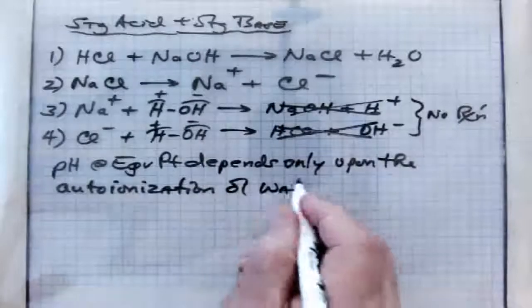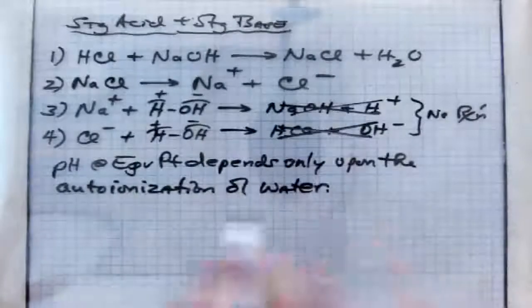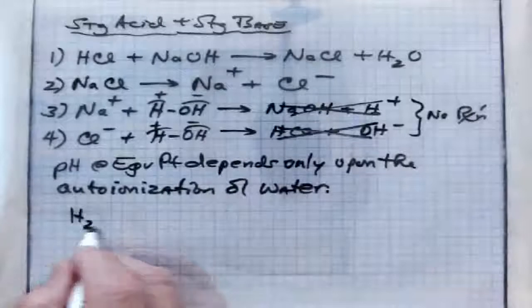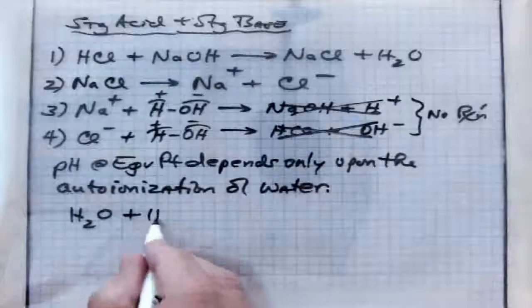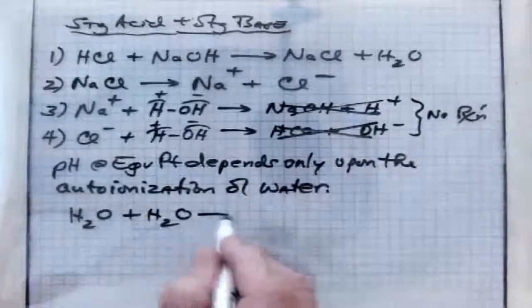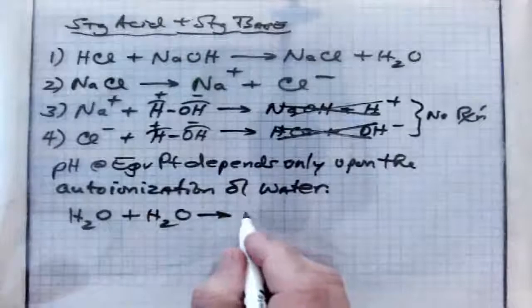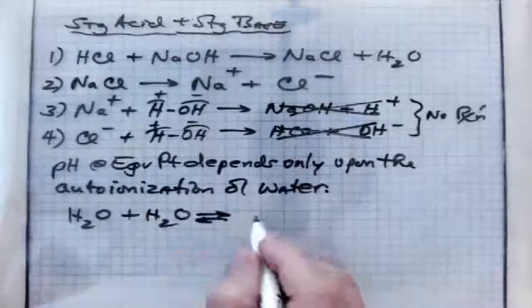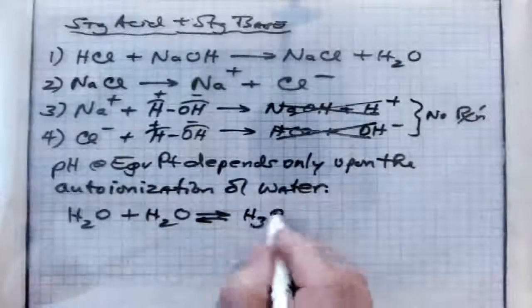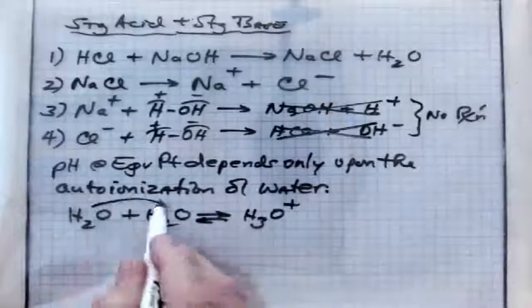Well, at equilibrium, we ignore the water, we find the concentration of the hydronium ions is 10 to the minus 7 molar, and the concentration of hydroxide is 10 to the minus 7 molar at 25 degrees Celsius.